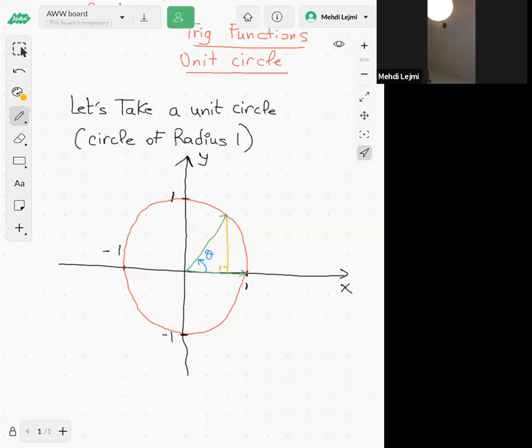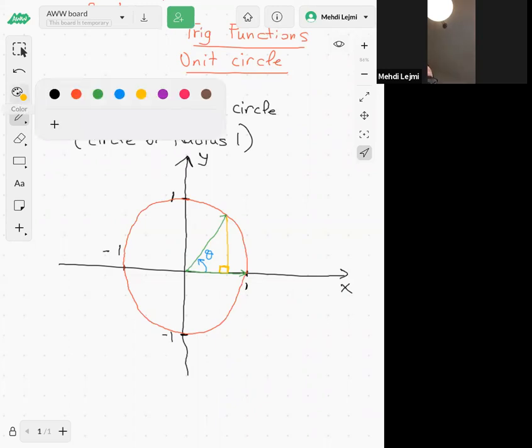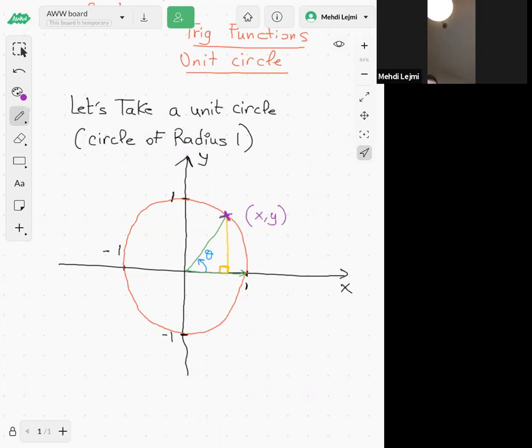And we have this point, which corresponds to the angle theta. Let's call the coordinates of this point x and y. Which means here's x, and this is y. That's the point (x, y).